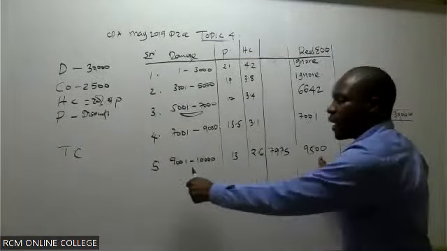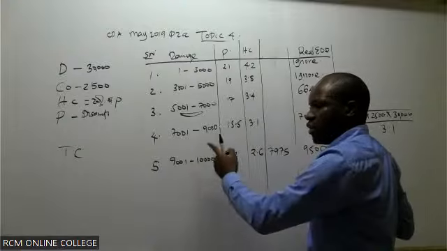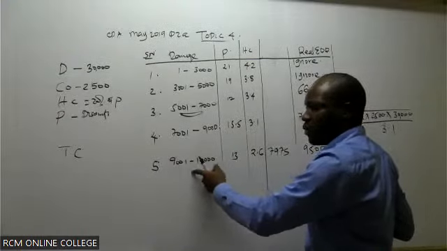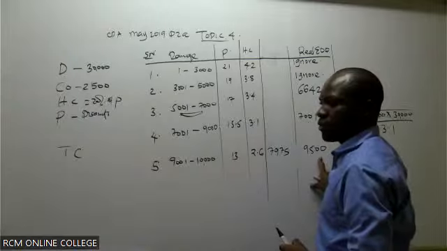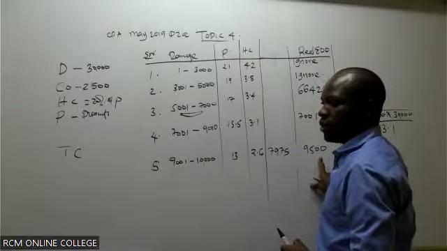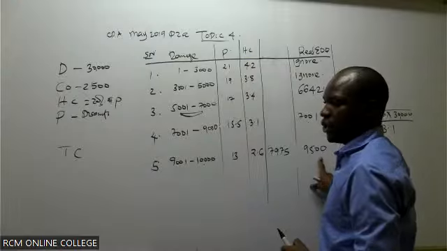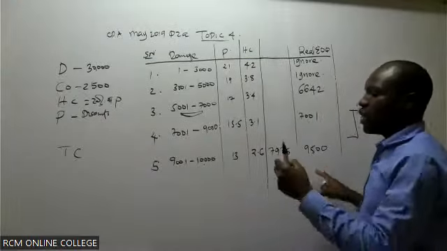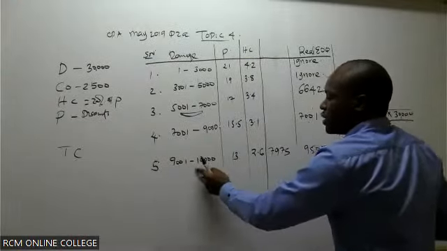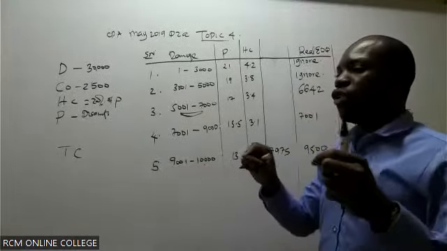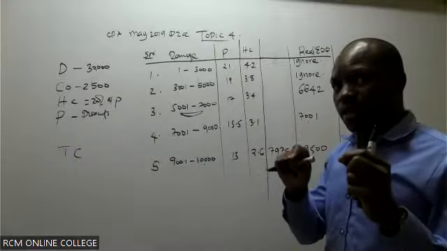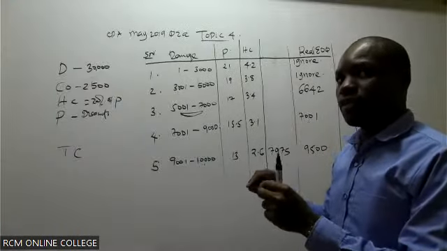You don't just pick any number within this range. You can't pick any other number within the range. The reason why you are picking the first one within this range is we don't have an option.